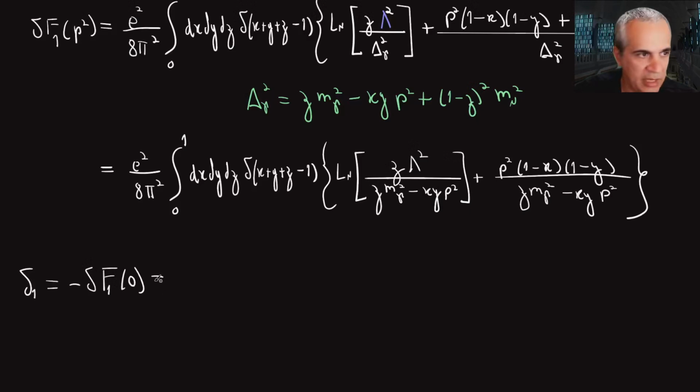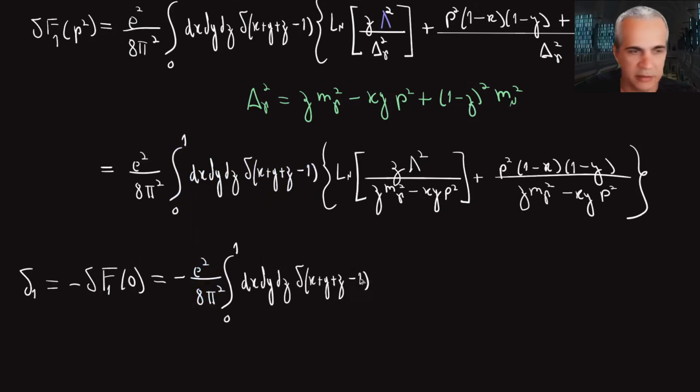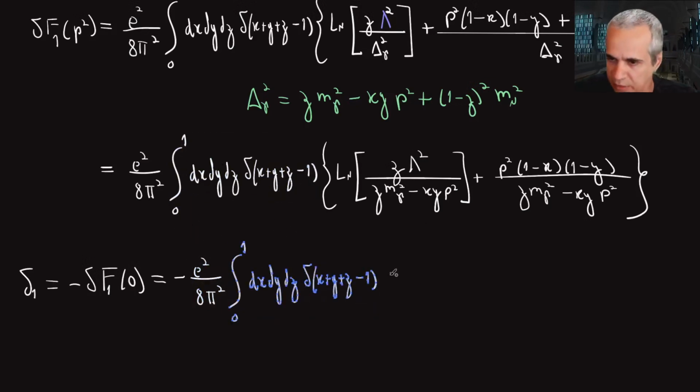So in this case, I just get minus e square over 8 pi square, Feynman parameters, and in here this part goes away, and this part is just log of lambda square over m gamma square.